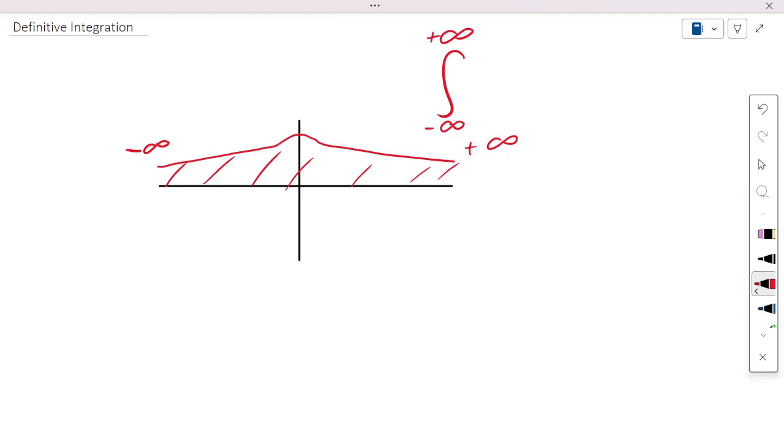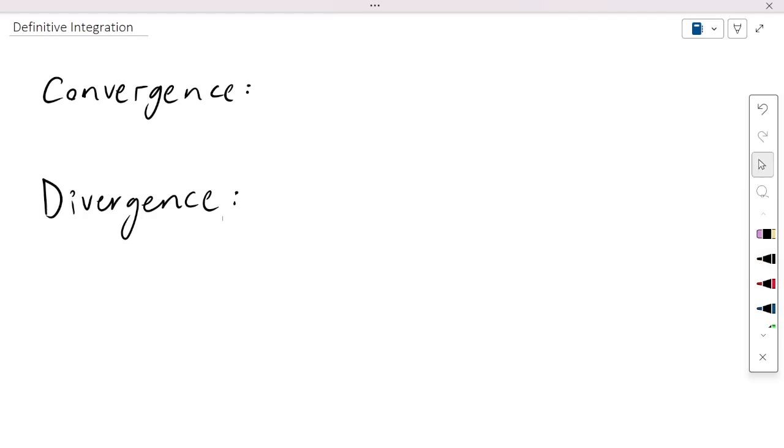Let's just recap over it because I'm pretty sure you've learned it in high school already. So let's differentiate between convergence and divergence. Now, in our case, when we assumed that from positive infinity to negative infinity the outcome would be infinity, the area would have been infinity.